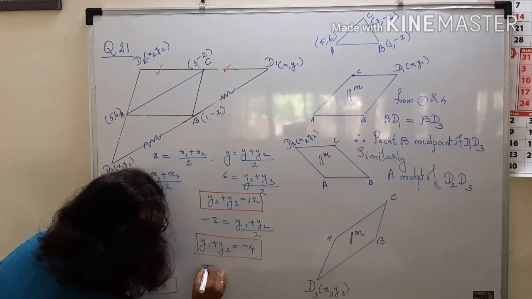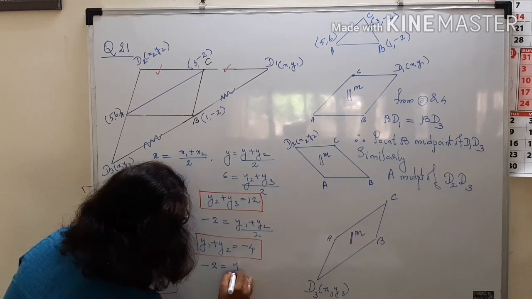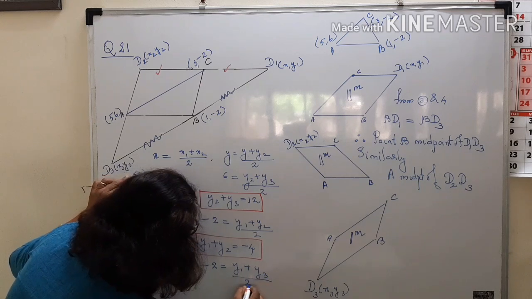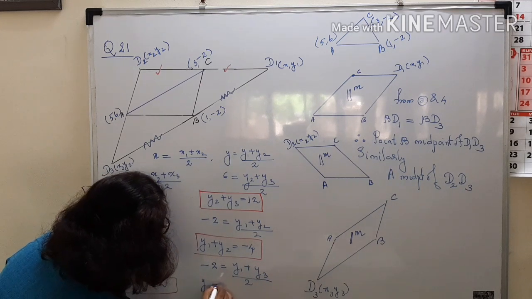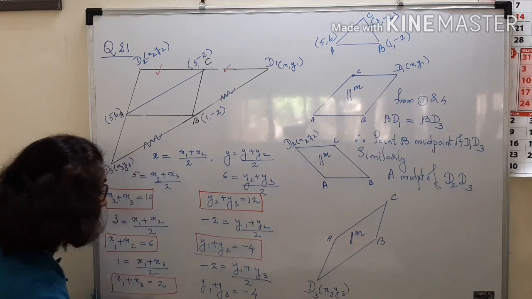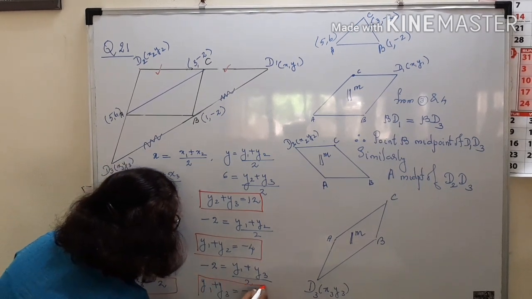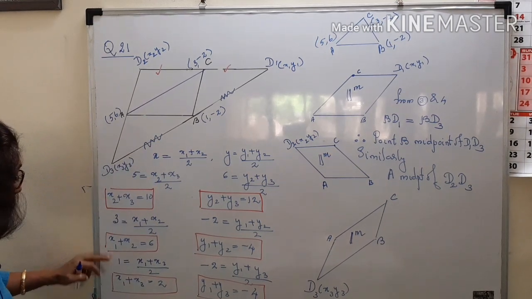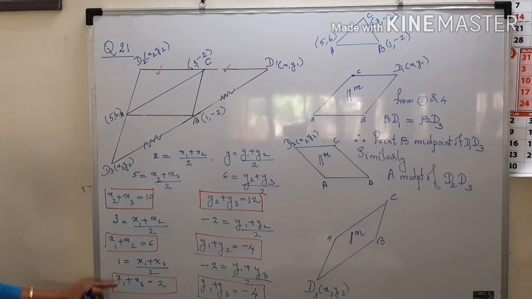Negative 2 is equal to y1 plus y3 over 2. Therefore, y1 plus y3 is also negative 4. We are adding these equations 1, 2, 3. See how many x1s? 1 and 2. 2 x1s, 2 x2s and 2 x3s.